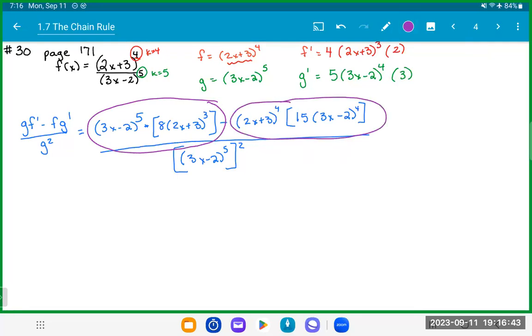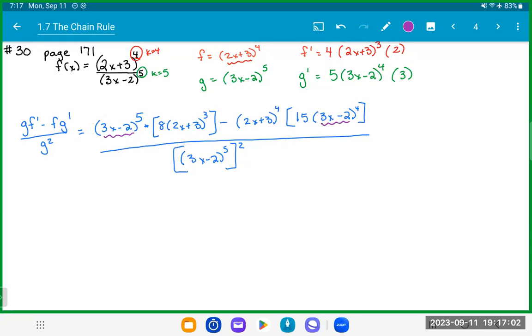They each have a factor of 3x minus 2. Sorry, I erased that 4. Okay, so 3x minus 2, and we have a 3x minus 2 over here. So the next thing I want to do is look: this has an exponent of 4, this has an exponent of 5. So I want to factor out the one with the smallest exponent, right?